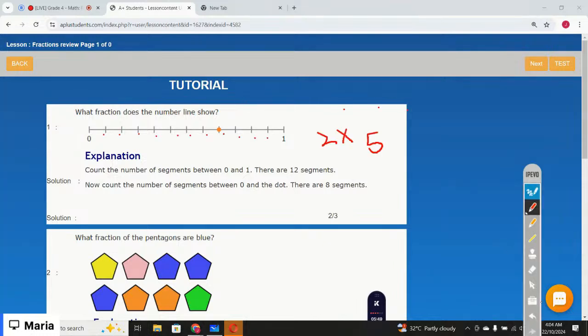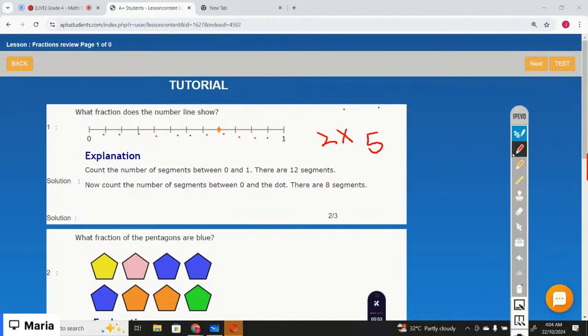The one that is highlighted is 8 out of 12, right? So you write it as 8 out of 12. You can simplify, divided by the common factor 4. So that is 4 times 2 is 8 and 4 times 3 is 12. That is 2 over 3.